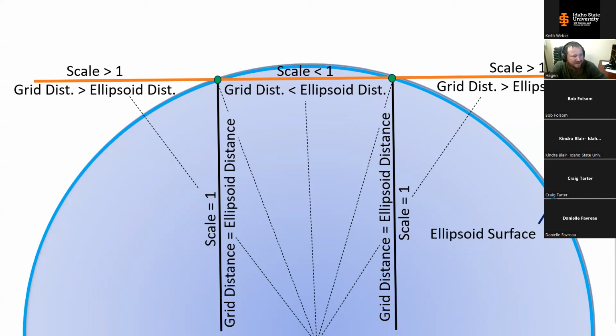And if you look to the outside of the points of intersection, the scale factor is greater than 1 because that ellipsoid surface has to be stretched to meet the plane. The only 2 points where the scale factor is 1, where ellipsoid distances are equal to the grid distances, is at those 2 points of intersection. Everywhere else we have linear distortion.